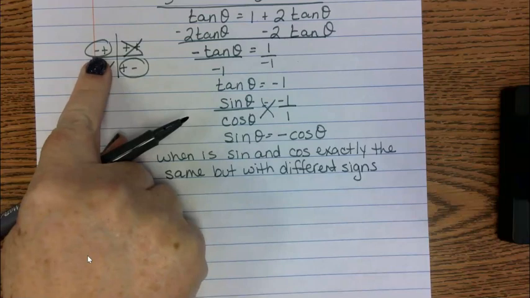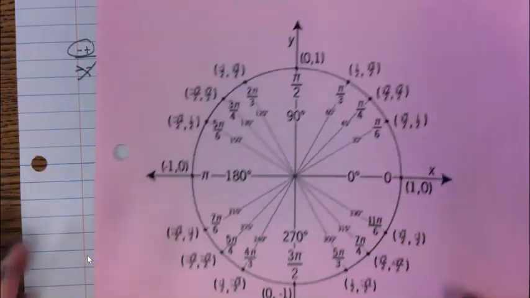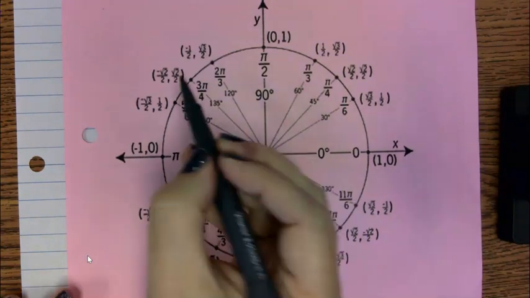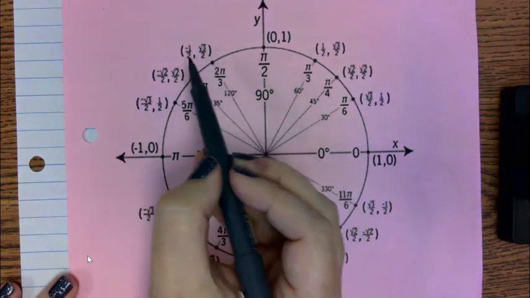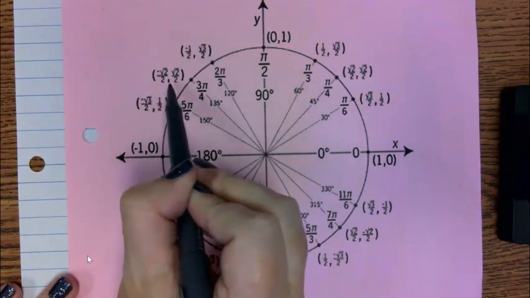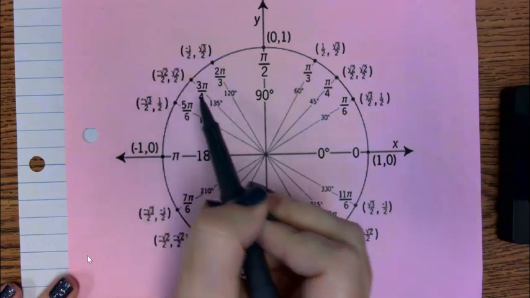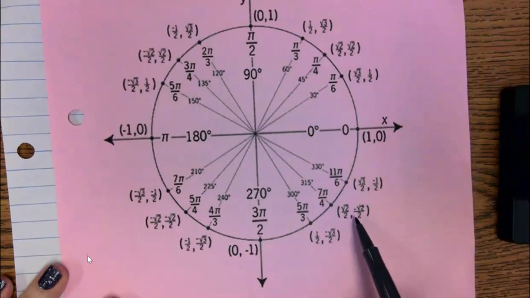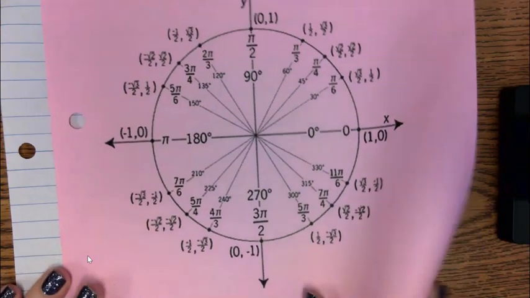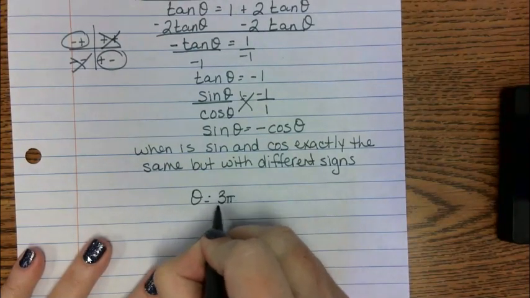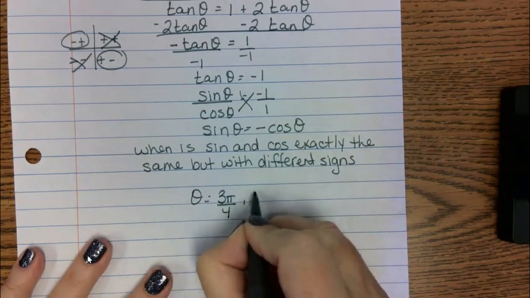And we know we're looking here in quadrant 2. So when are sine and cosine almost exactly the same with different signs? One's going to be positive and one's going to be negative. So you see right here, they're the same, but one's negative, one's positive. So that gives me 3 pi over 4. Now if you look down here, these are the same, one's positive, one's negative, and that's 7 pi over 4. So my answer is 3 pi over 4 and 7 pi over 4.